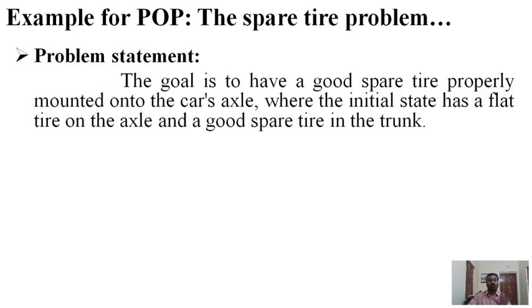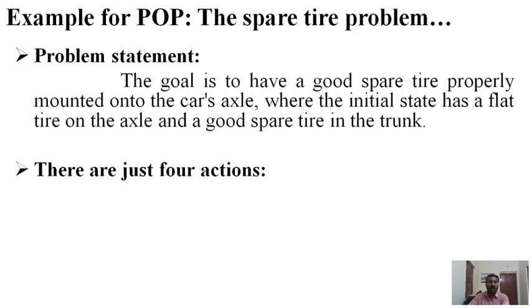The goal is a good spare tire properly mounted on the car axle. The initial state is a flat tire on the axle and a good spare tire in the trunk. So the tire is flat, but the spare is in good condition in the trunk. That is the statement given for this spare tire problem.